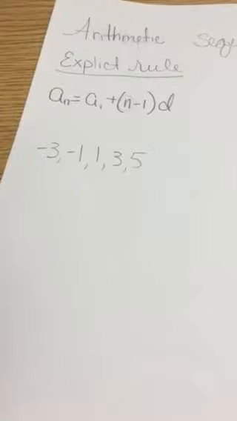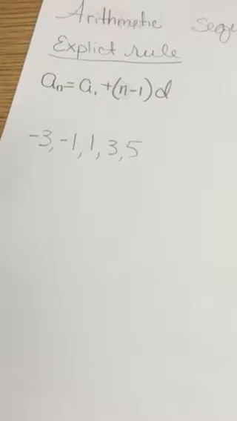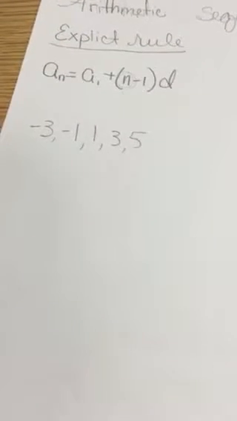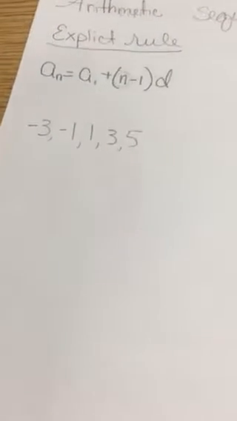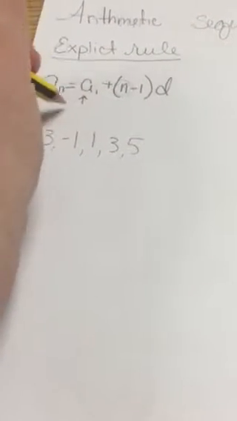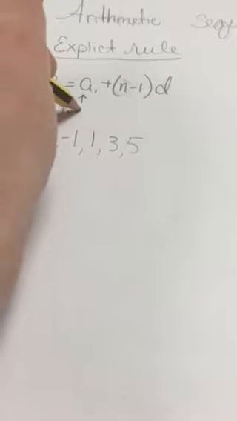If this is my sequence, the two things I want to identify, and this is going to go for any arithmetic sequence, and then when we come up on targets 23 through 25, which is geometric sequences, we're going to be identifying similar things. But this is the first term.